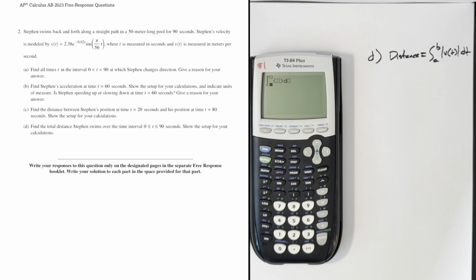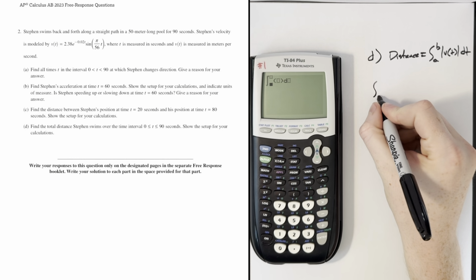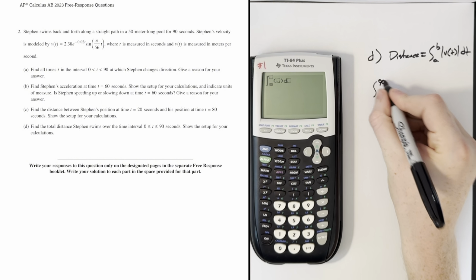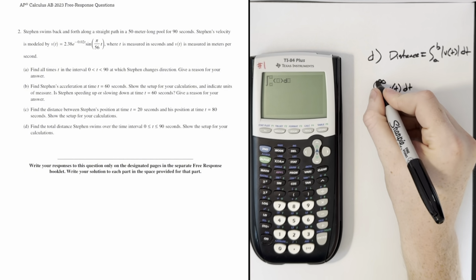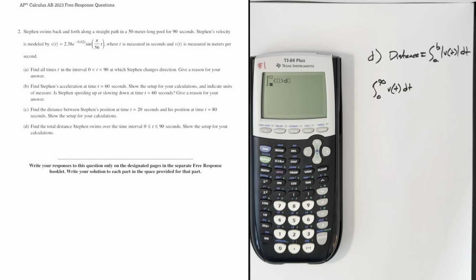Distance is the integral of the absolute value of velocity. And it asks for the total distance from 0 to 90. So what I'm going to try and solve for is the integral from 0 to 90 of v of t dt. Which for us is great because we can do definite integrals on the calculator so easily. We've actually kind of got it right in front of us.